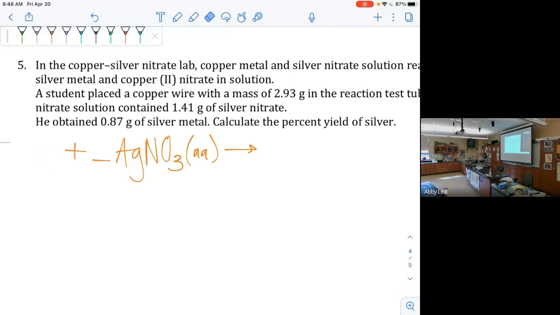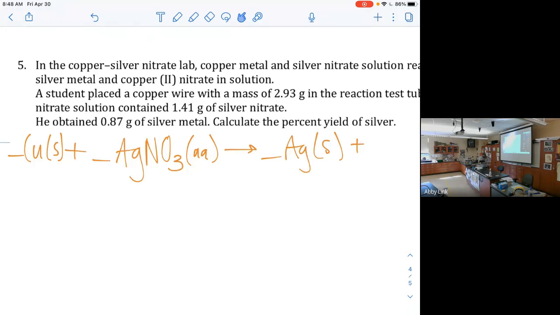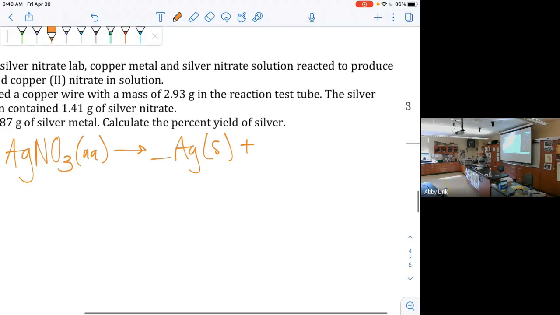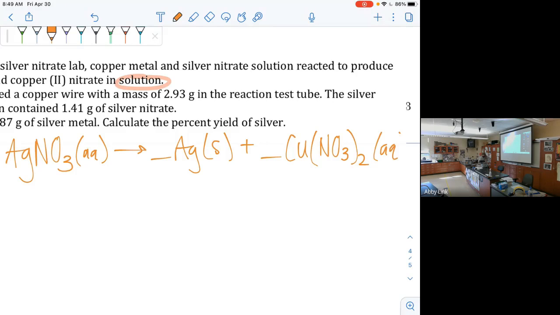I'm sorry, let me fix that. Then it produces silver metal, Ag solid, plus copper(II) nitrate, Cu(NO3)2. Copper is +2, nitrate is -1, so I need 2 nitrates to balance that out, and it's a solution, so that one is aqueous as well.